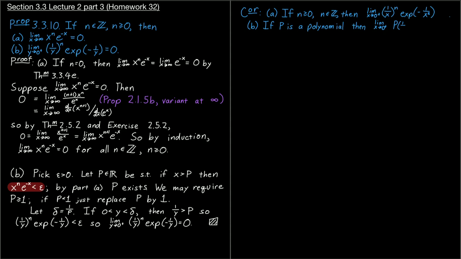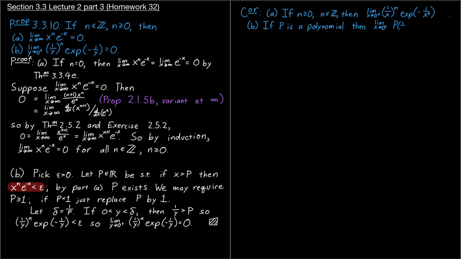We're actually going to need a very particular special case of this. So here is a corollary. First part is that if n is a non-negative integer, then we can take this limit with a negative 1 over x squared instead of a negative 1 over x here.